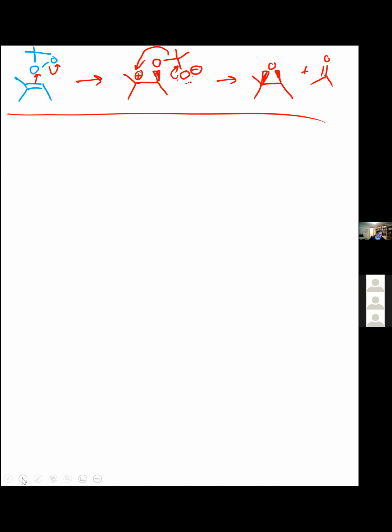Okay, yes. So you can see maybe why DMDO might be preferred, because the only byproduct you get out of there is acetone. And what you'll often see with those kinds of reactions is we'll do DMDO in acetone. Unsurprisingly, you make it in acetone by just controlling the amount of oxone that you add.